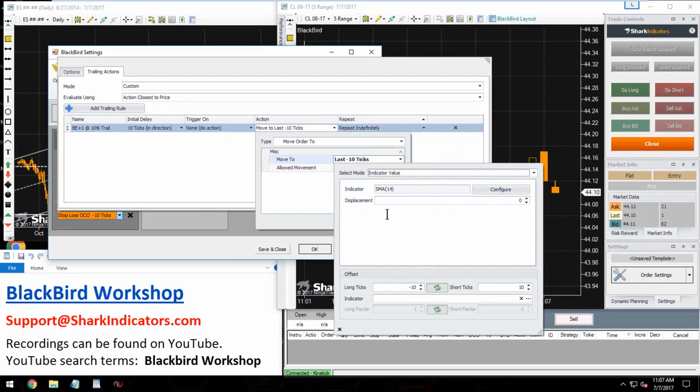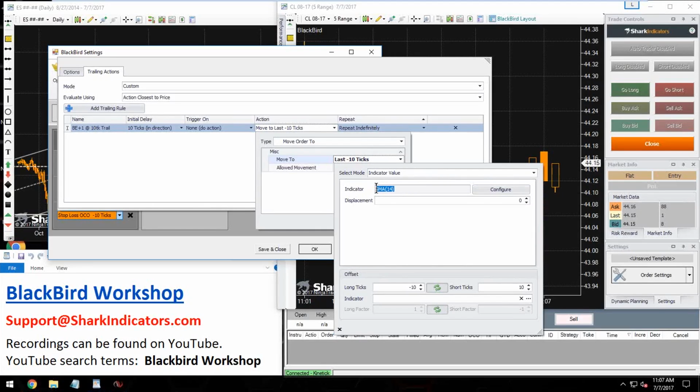So, boom, what happens? Well, the indicator is only going to update according to BlackBird's calculate on bar close setting, right? So if BlackBird is set to calculate on bar close true, then this trailing rule will not update until the SMA updates, and the SMA has to wait for the bar to close.